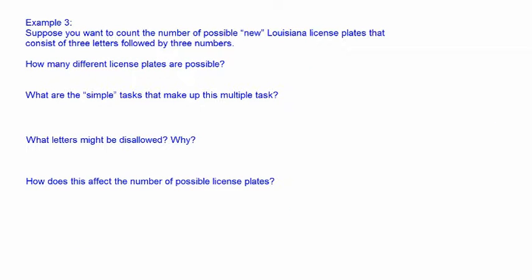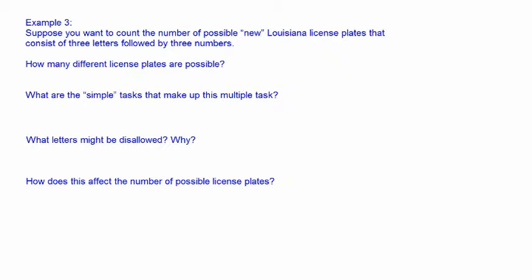In this third example, where we will use the multiplication principle, several years ago, the state of Louisiana changed the structure of their automobile license plates to consist of 3 letters followed by 3 numbers. And the question we want to answer is how many different license plates may be possible using this structure.